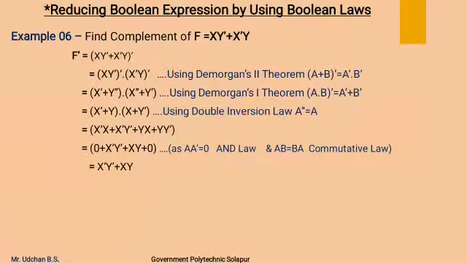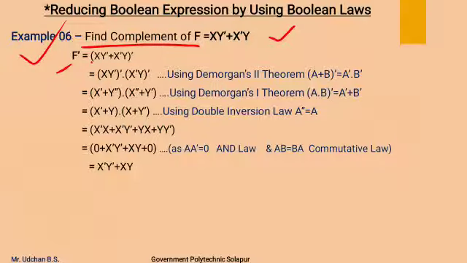Now we will see the examples based on De Morgan's theorem. In this example, we have to find the complement of the given function, that is f is equal to xy bar plus x bar y. Taking the complement of f, we can write it as the complement of the bracket xy bar plus x bar y.